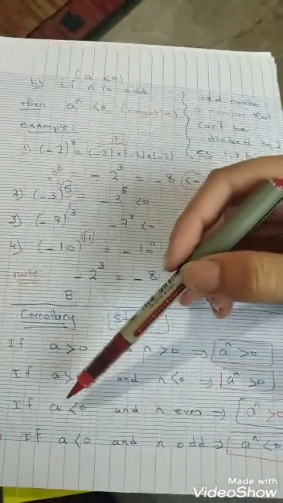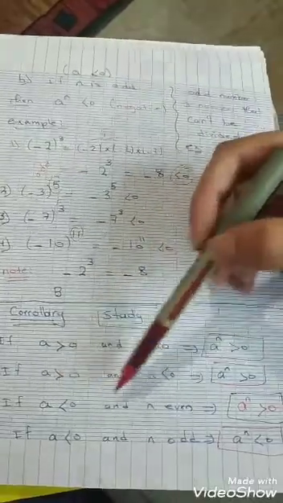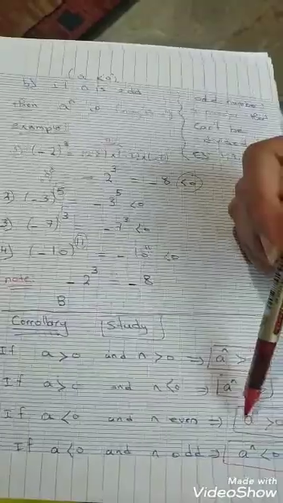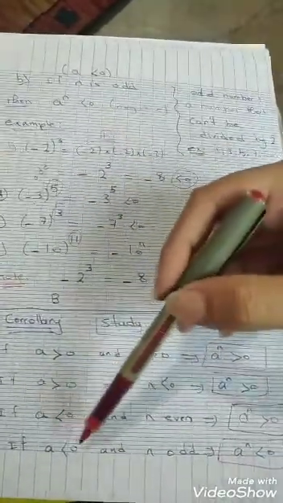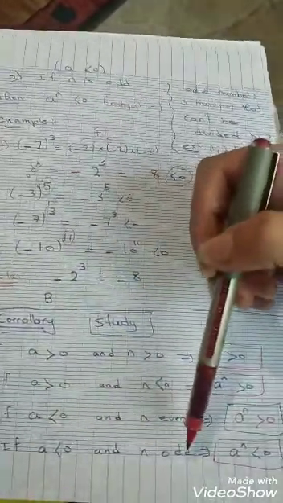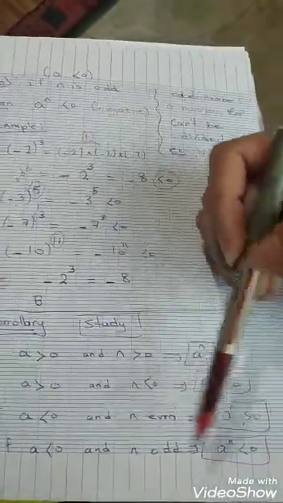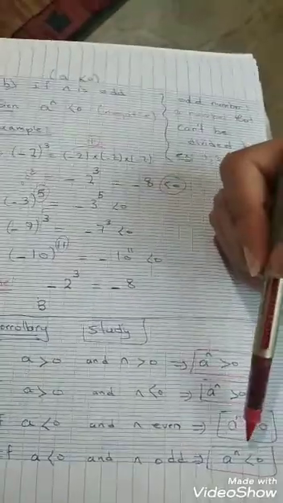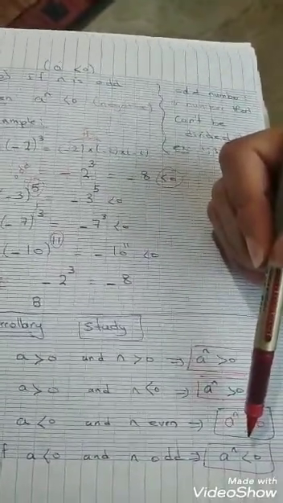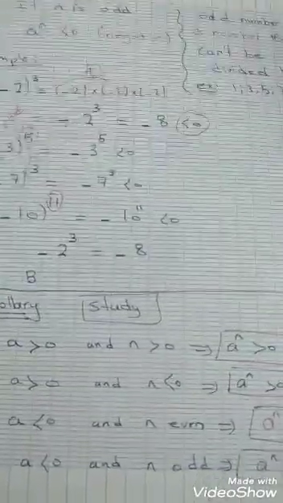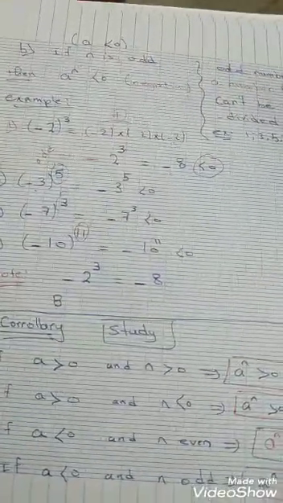If A is negative, less than 0, and n is even, the sign of a to the n will be positive. If A is negative and n is odd, the sign of a to the n will be negative. So there is only one case where the sign of the power is negative, which is when the exponent is odd. For study and copy. Of course we will take applications.